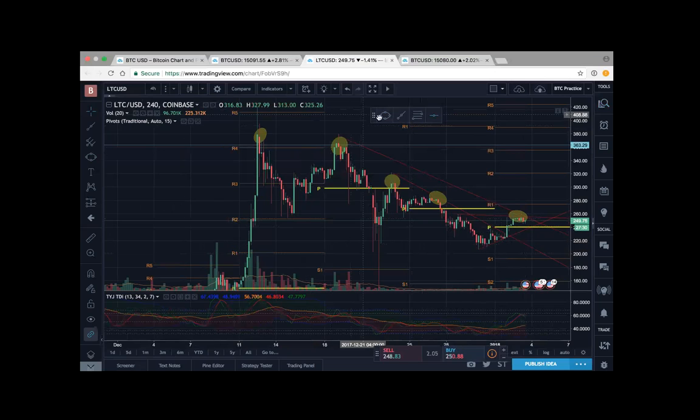And another thing you can draw as well. Let me change the color to something else. I don't know, let's go red. Same thing whenever you're looking at lows. That low is lower than this low. And that creates what they call a channel.